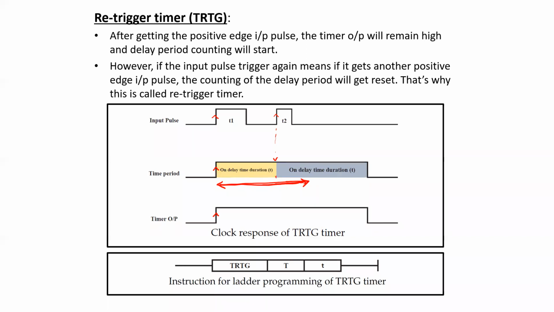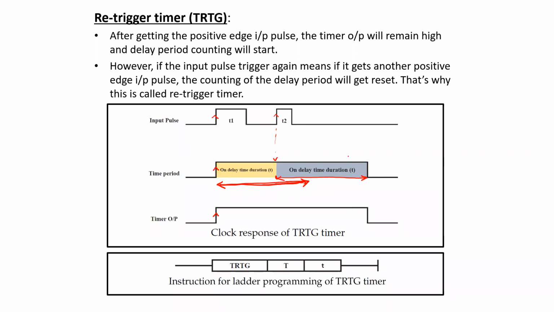So from here it has restarted the delay count, and it will go on as long as the time duration set by the user is not over. So through this entire process, the timer output will remain high.